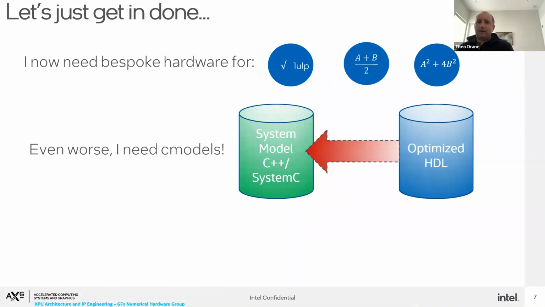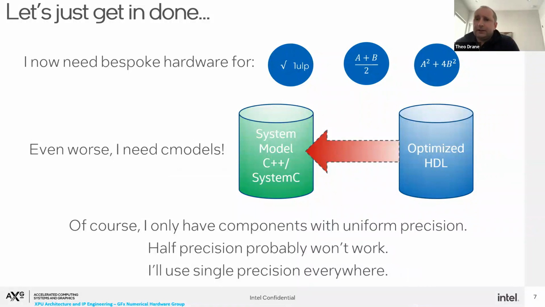So from a methodology perspective, this violates all of the nice properties that people think of how hardware design is done. And then the other problem is, for these fixed functions, we don't have to use standard precisions for floating point throughout.